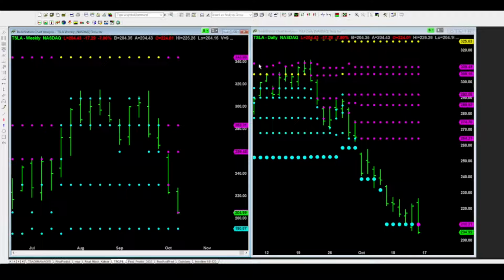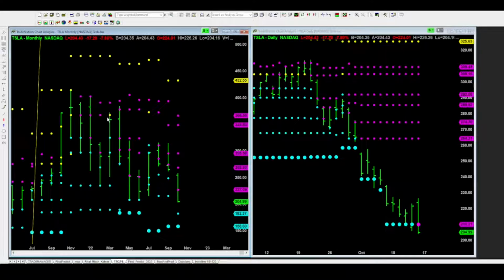But if you check this monthly chart, it has another support level at $182. So this month it still has a tendency to drop down to $182.